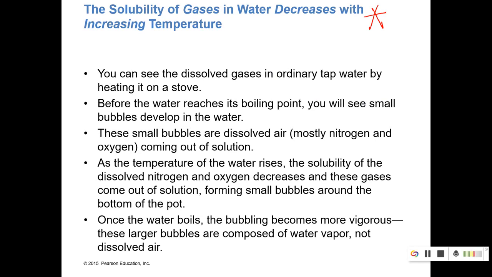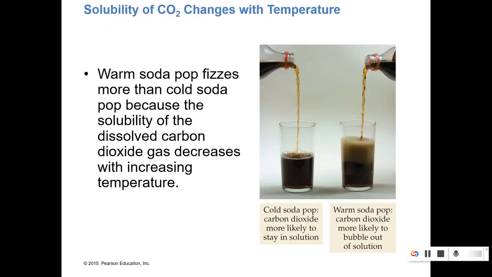That's because all of the bubbles that were in the solution are now out of the solution because the solubility decreased. So now it's not as fizzy. So as temperature increases, solubility of gases decreases. A warm soda, when you pour it out, will fizz more than a cold soda. And y'all should know that if you put a soda in the fridge, it's going to stay bubbly longer than if you leave it on the counter.